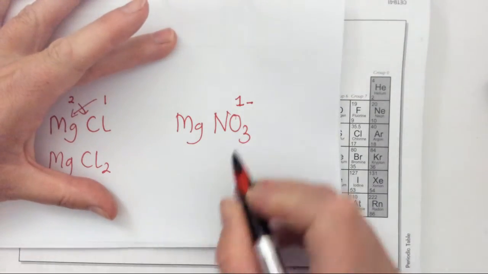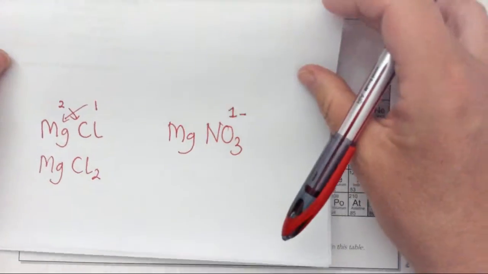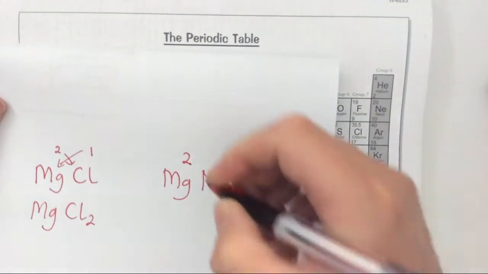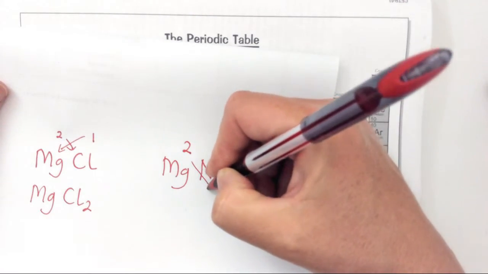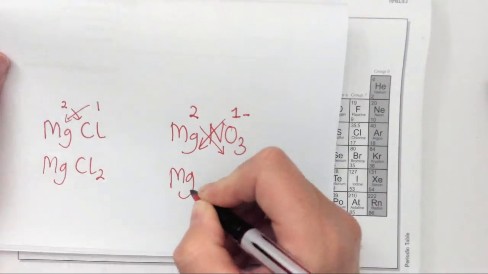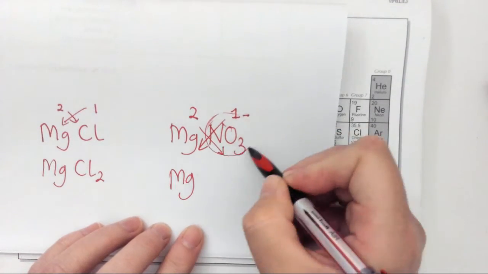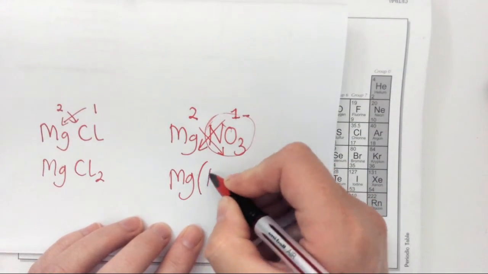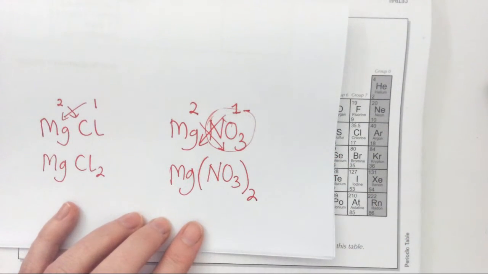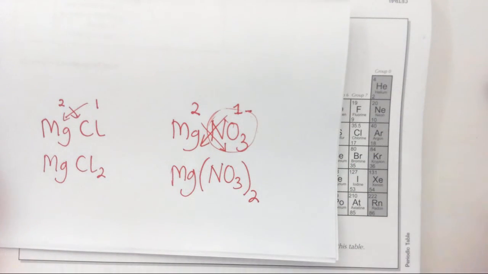Magnesium, it's just 1 because there wasn't anything else written there. Magnesium has a combining power of how many? Well, it was in group 2, so we write 2. We cross those over. That means we have to have 1 magnesium, and then we need 2 of these. And if we've got a weird compound like that, then we have to put that into a bracket. 2 of those. Have another go. I'll see you on chat if you're stuck.